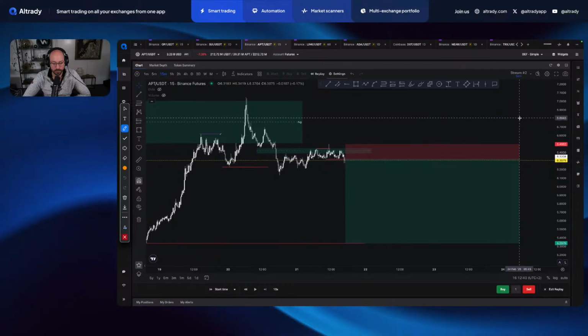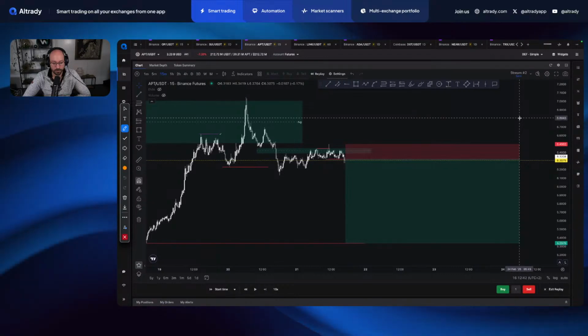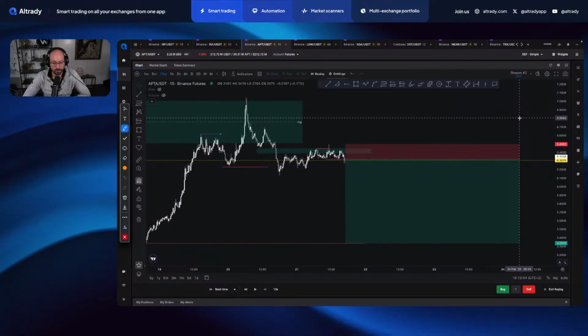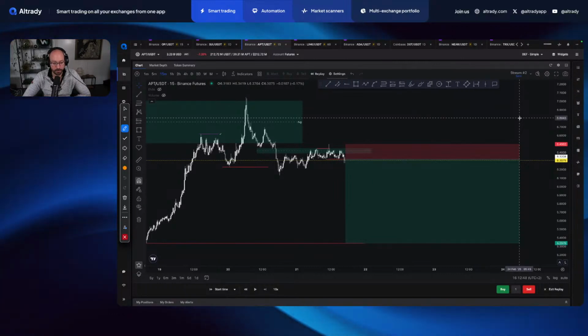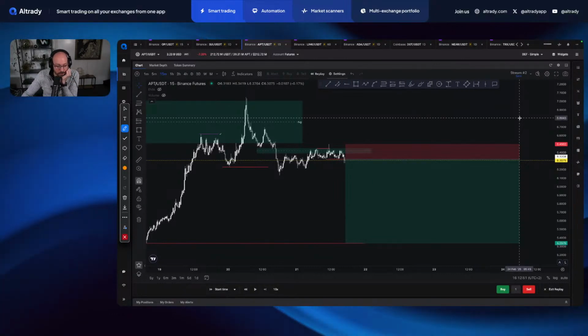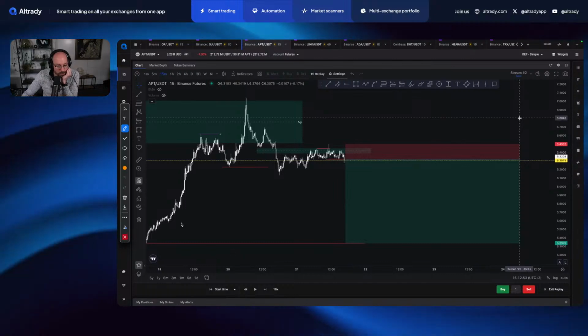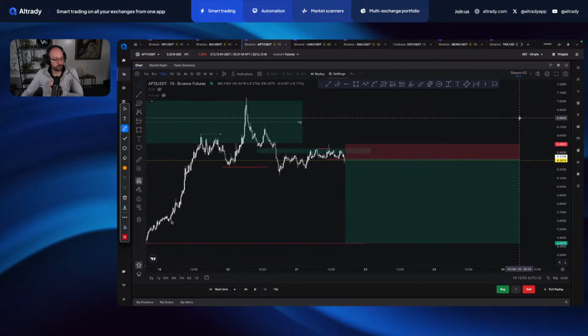I'm more conservative, so I prefer having a 1 to 3 risk to reward ratio. And if you get, I don't know, a 40% win rate, you're already profitable, and that's good enough.